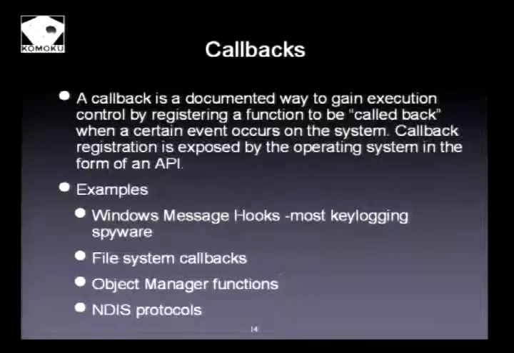And then I'm going to do something with the packet and pass it on, perhaps. So just the nature of the documentation of how these are implemented and the fact that they're standard makes detection very difficult, because now you have to determine, is it a legitimate piece of software that's registered this callback, or is it malicious?